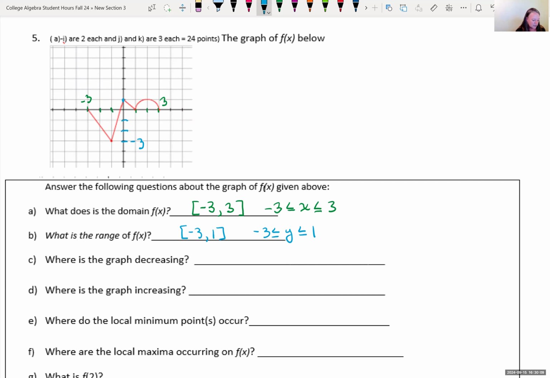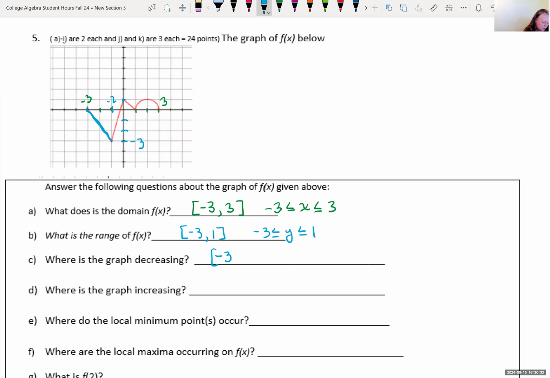Now we're looking at where the graph is decreasing. The graph is decreasing as we're looking at it going from left to right. It's going down from left to right here, and we're using the x values where that is occurring. So the smallest x where it's decreasing starts at negative 3. I'm going to include it just because it's a point on the graph.